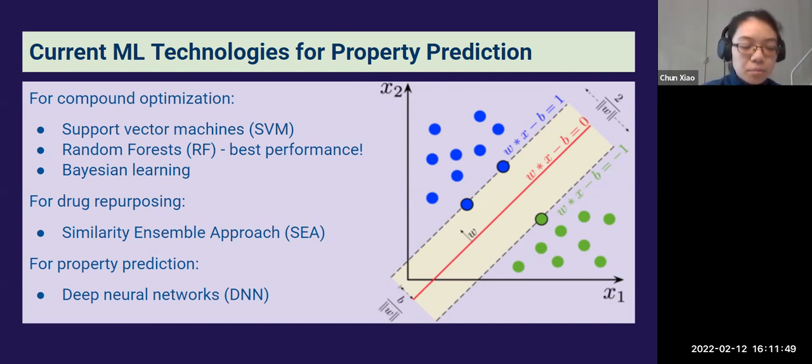And lastly, for property prediction, there are deep neural networks, and this has also been shown to be a very effective way of predicting properties, but I won't go into too much detail on the technical aspects of deep neural networks because that is covered in some of our other lectures in the curriculum. So you can find the recordings of those on our AIMS website.